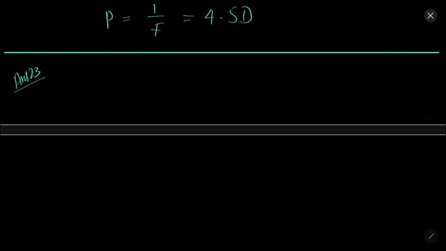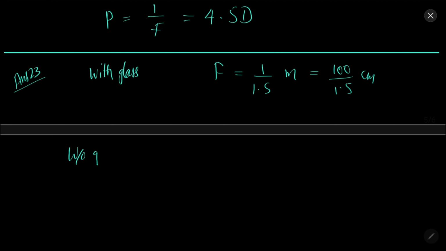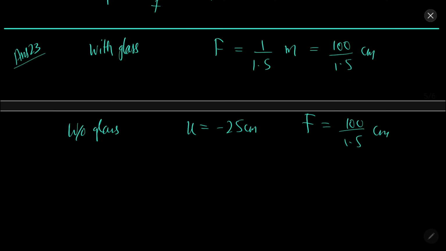So with glass we will have focal length of glass to be 1 by 1.5 meters or 100 by 1.5 centimeters, and without glass u is minus 25 centimeter, f is 100 by 1.5 centimeter.